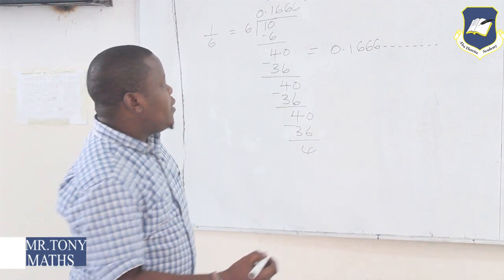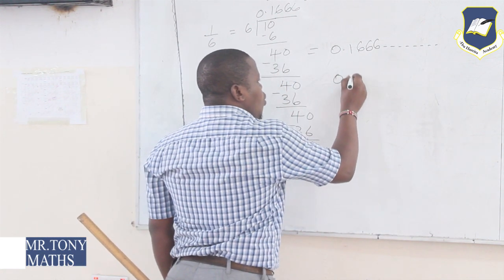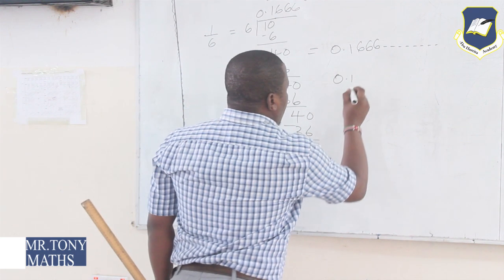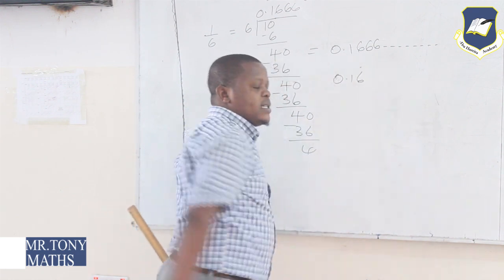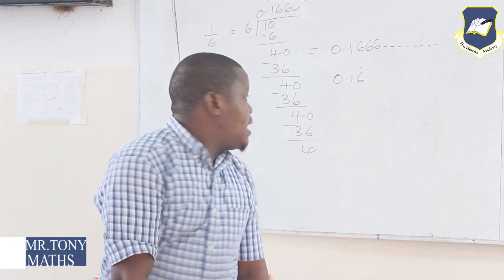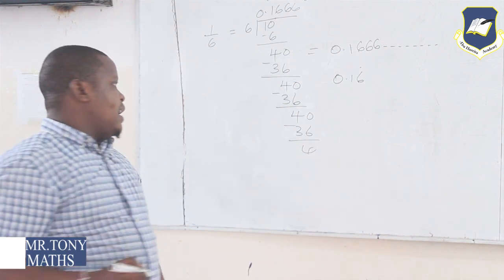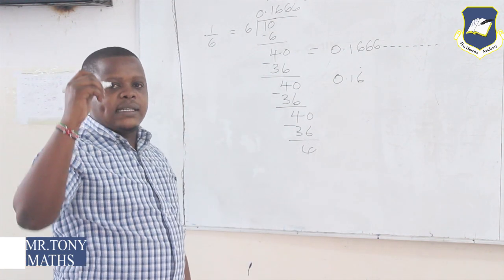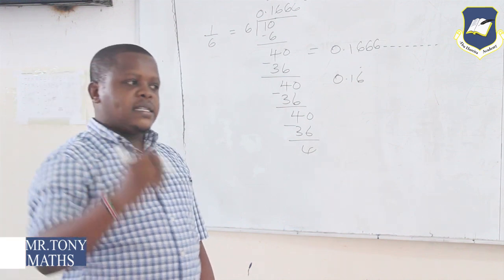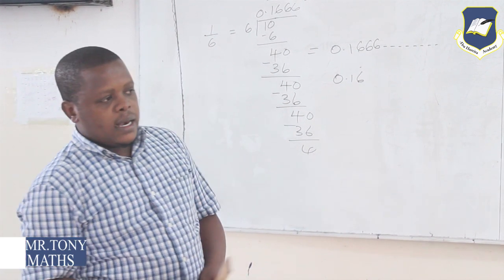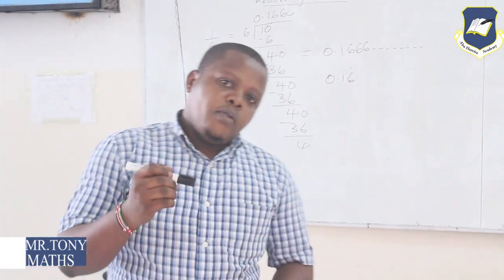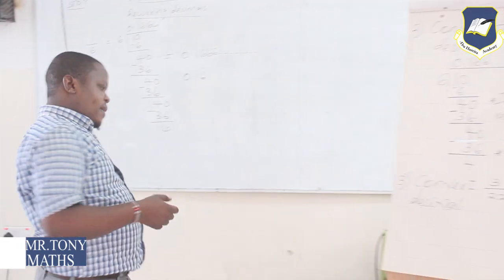So you write 0.1, and the digit recurring itself is 6, so we note it up there. Our 1 over 6 as a recurring decimal will be written as 0.16 with the dot on the 6, since the 6 is repeating itself. We move on to our example number 3.